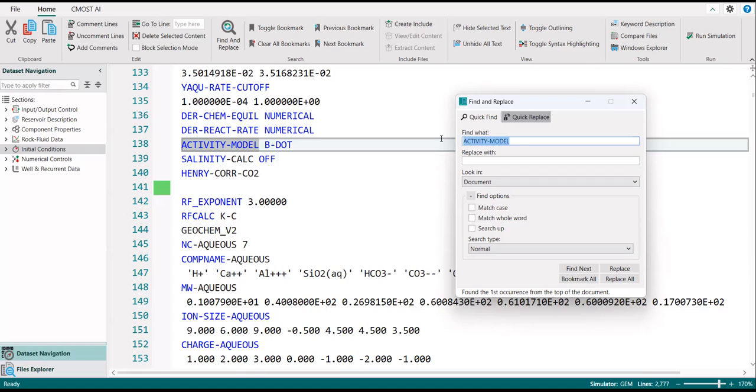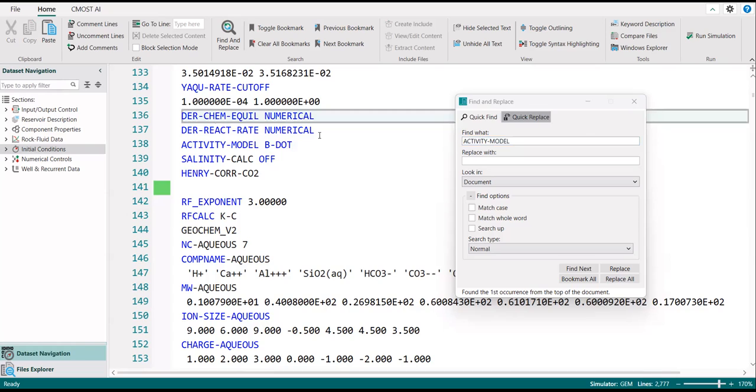All right, and then here, der chem equil. This is the method for calculating the derivative of the chemical equilibrium equation. It must be followed by either numerical or analytical. Just like what we see in WinProp. Again, this is the method for calculating the derivative of the chemical equilibrium condition. This one, der chem equil.